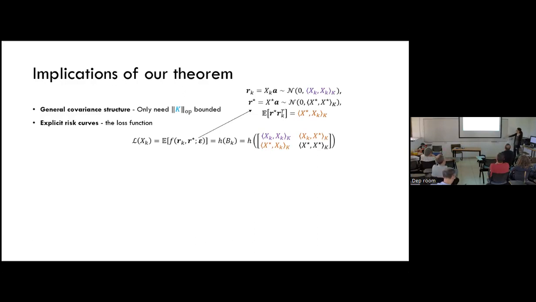So I can write it using my equation for the resolvent, because now I can introduce it in terms of a linear function in K. So essentially, solving this equation for the resolvent, I can plug it in and write what would be the loss.